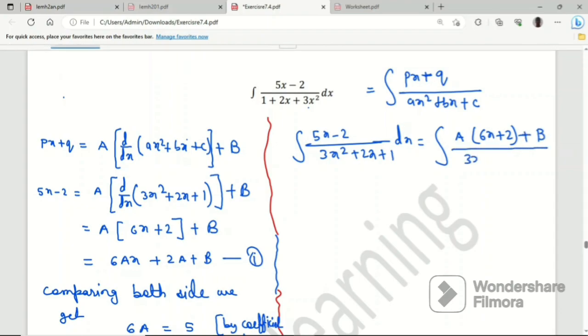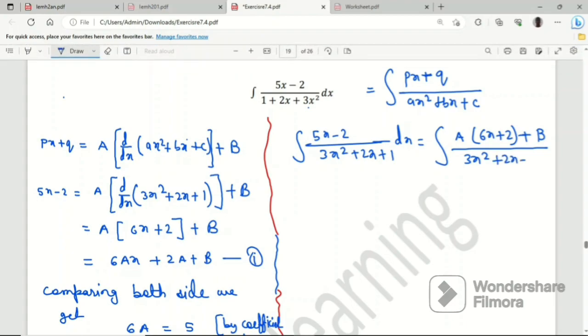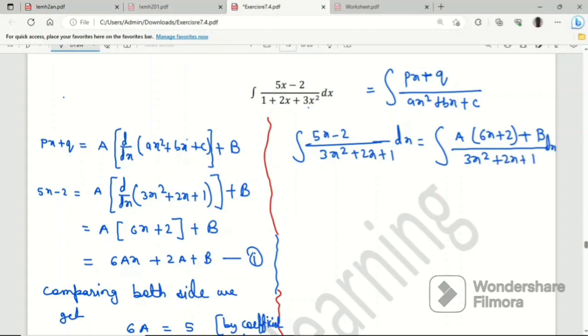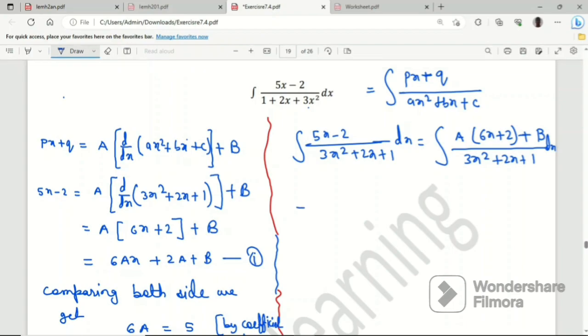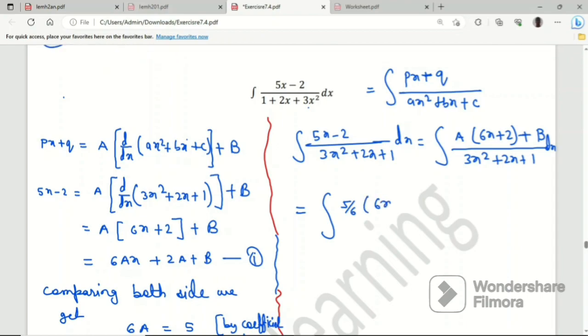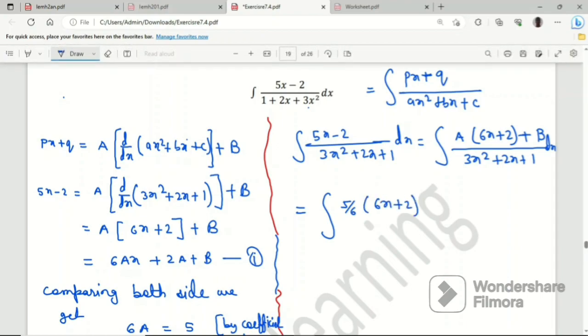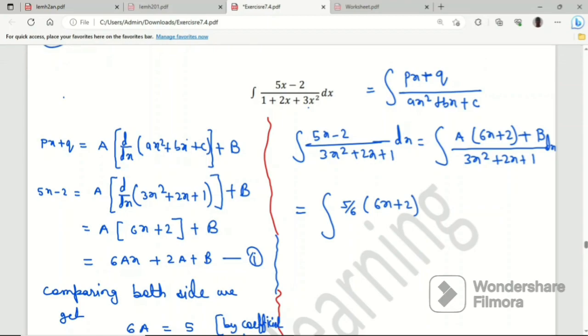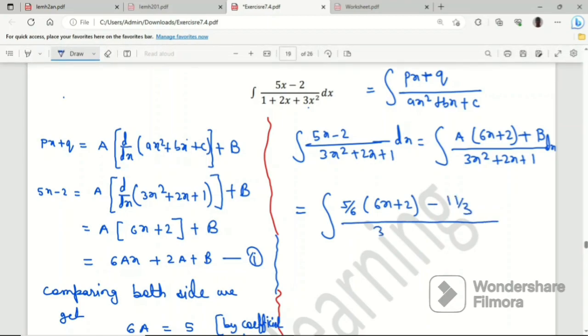So it is 3x square plus 2x plus 1, dx. Now I will put the values of a and b. Our a was 5 upon 6, so I'll write 5 upon 6 into 6x plus 2 plus, and our b was minus 11 upon 3, so minus 11 upon 3, over 3x square plus 2x plus 1 dx.